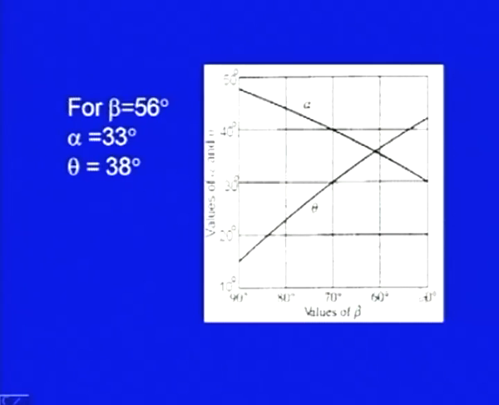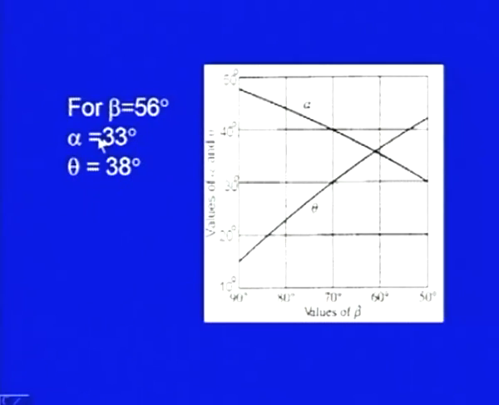So, for 56, this is 50, here it is 60. Somewhere here the 56 will be there, and corresponding to that the alpha value roughly comes out to be 33, and here this is theta, it comes out roughly about 38.